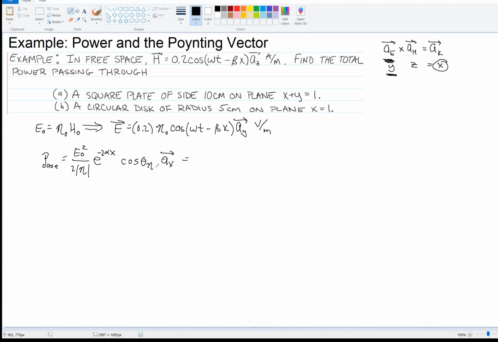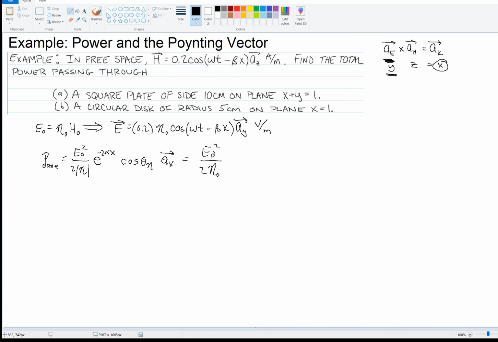Now, for our specific case, we've got E0, which we just found, and 2 times the magnitude of eta. Well, we said eta is a real number, and it's positive, of course. So this just becomes eta 0, and then because it's a real number, its angle is 0. It introduces no phase shift between the electric and magnetic field.